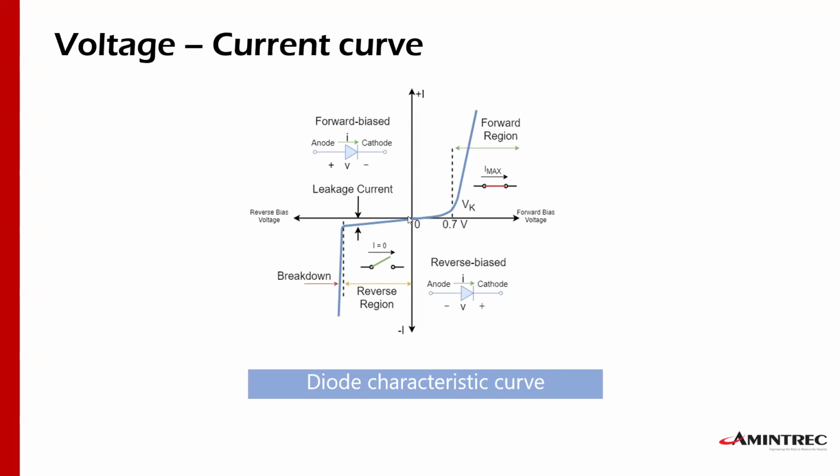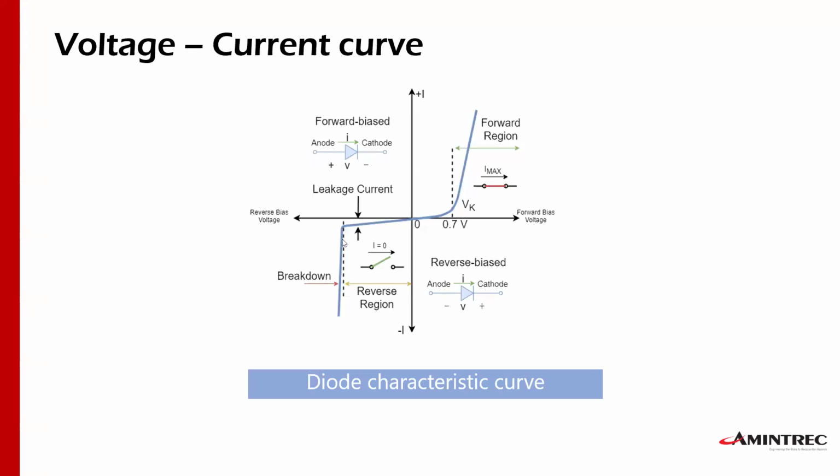Now, if I go on the negative side of the x-axis on the volts, once I invert the polarity of the diode, then I will be on these two quadrants. Now, this is the leakage current area, a very, very small amount of current, microamps.